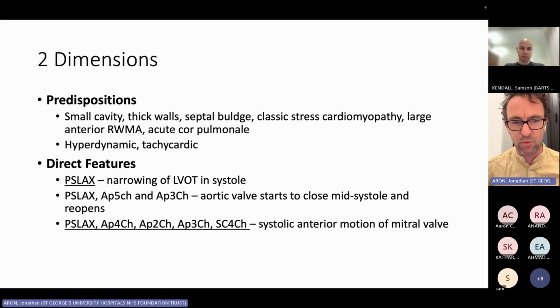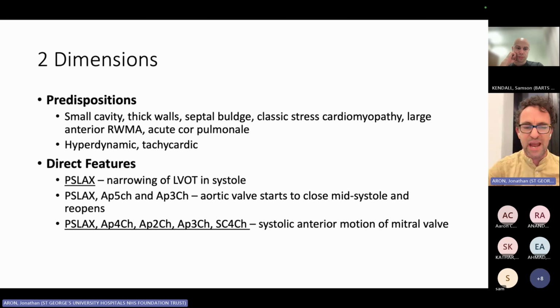So a small cavity, thick walls, the sigmoid septum, a classic stress cardiomyopathy type picture, or a large anterior MI, or patients with large right ventricles are all, for me, big risk factors in developing physiologically induced left ventricular outflow tract obstruction. If the patient has physiology that results in a hyperdynamic tachycardic state, even more reason to worry. And then looking to see if it's there or not.